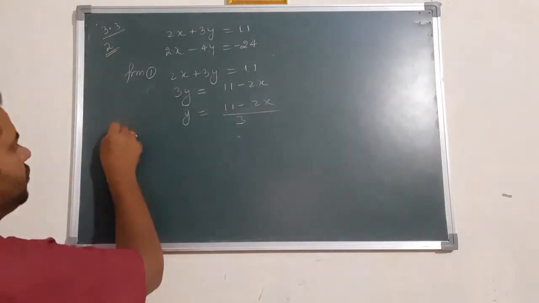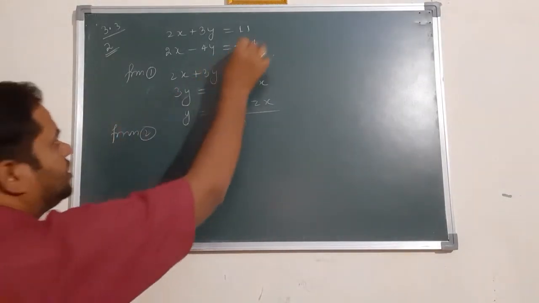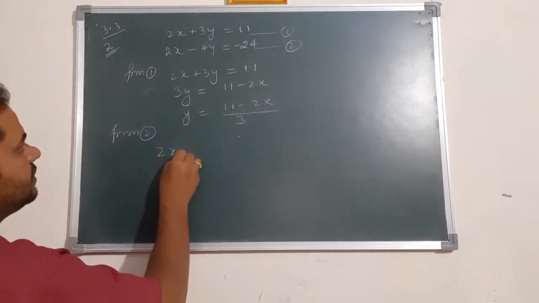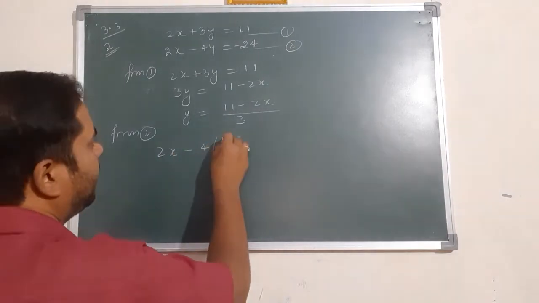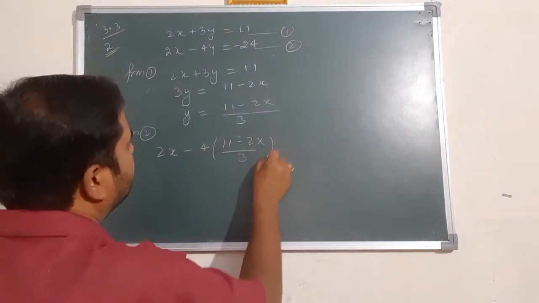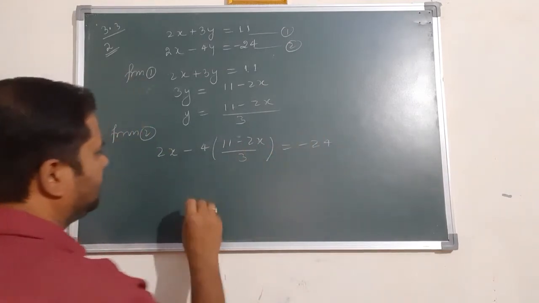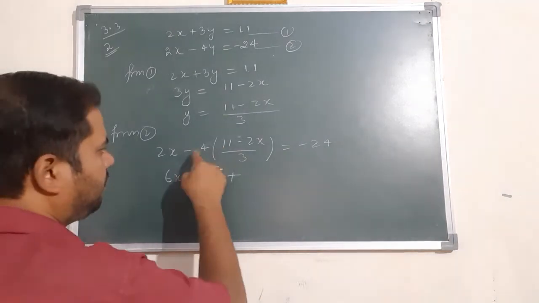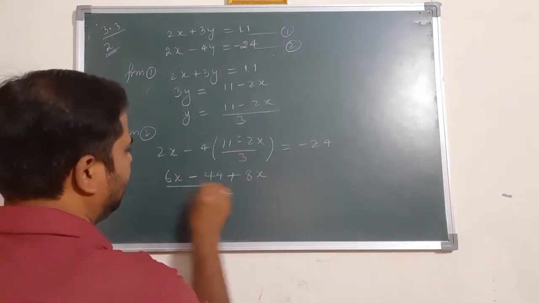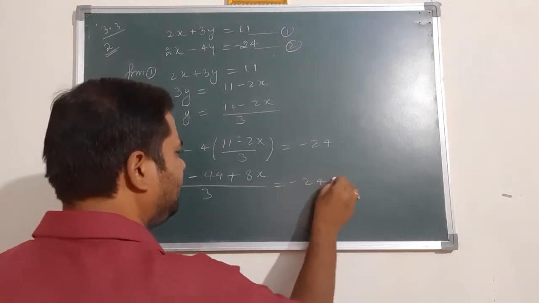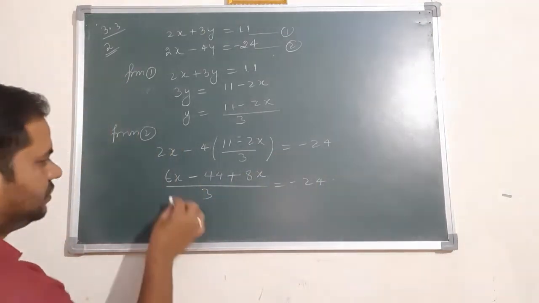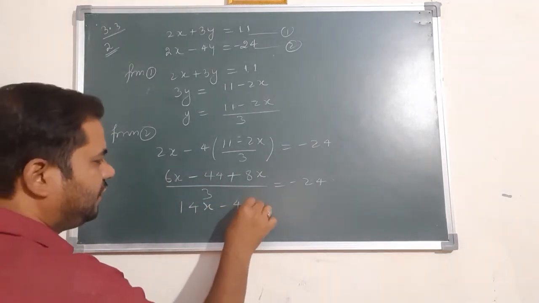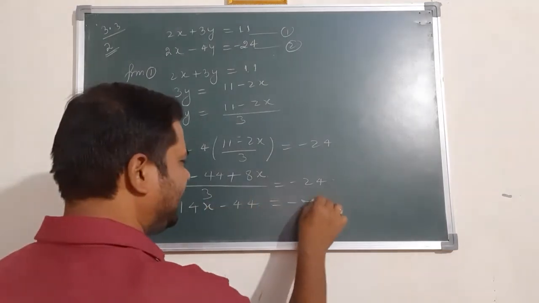Okay. So we put this value in equation number 2, we get 2 into x minus 4 into (11 minus 2x) upon 3 is equal to minus 24. Now solve: 6x minus 44 plus 8x, divided by 3, is equal to minus 24. So 6x plus 8x, 14x minus 44 is equal to minus 72.